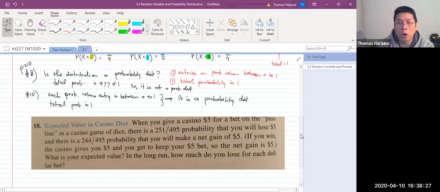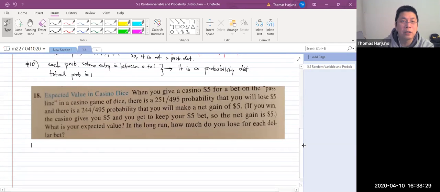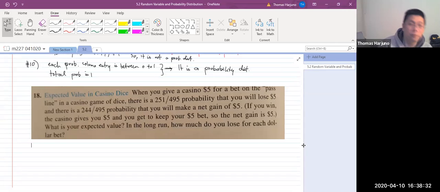Number 18, that's from your textbook, 5.2, number 18. When you give a casino $5 for a bet on the pass line in a casino game of dice, I think we usually call that craps, there is a 251 out of 495 probability that you lose $5, and there is a 244 out of 495 probability that you make a net gain of $5.